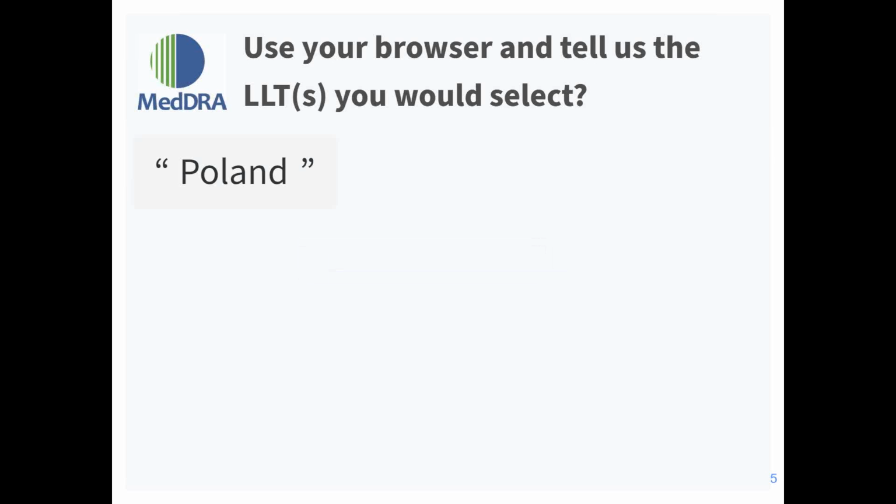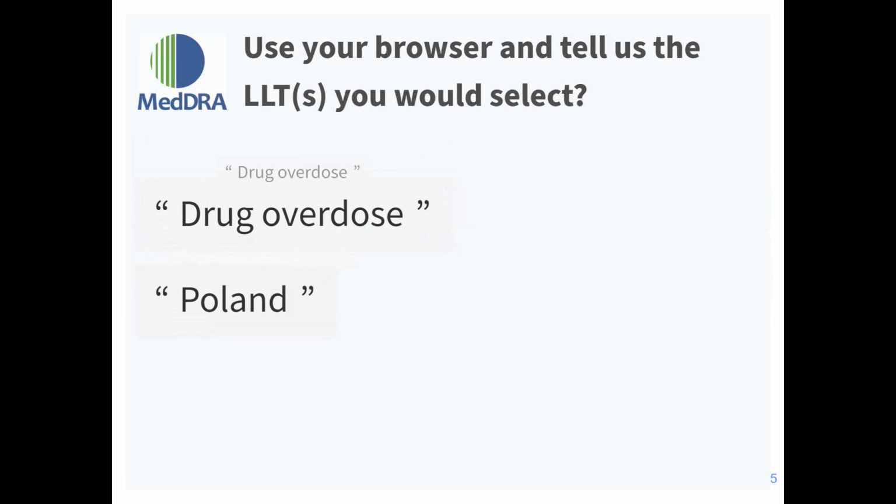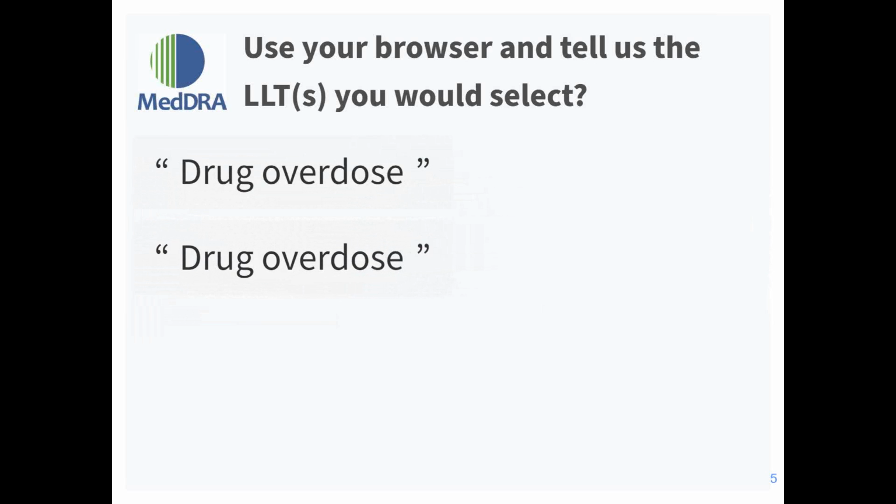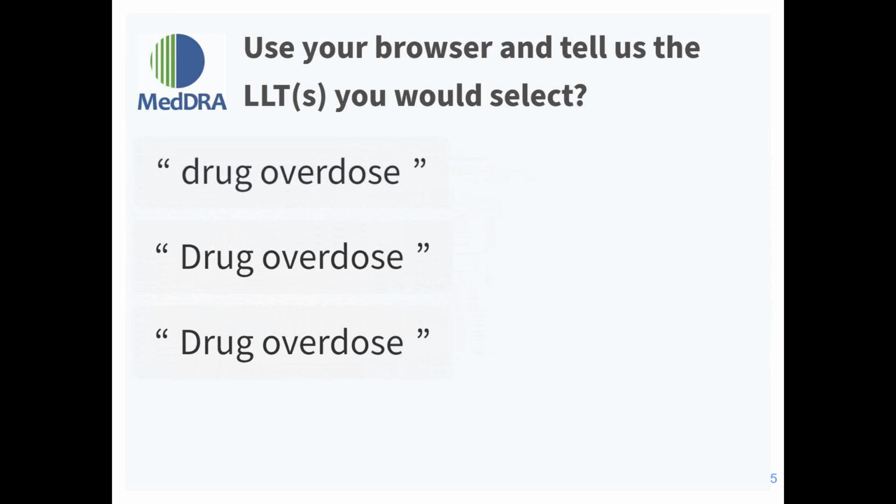So which LLT would you select? So please check in your browser and note down the proposed LLT here. I think here drug overdose would need to be captured. Yeah, but what about the indication? What is it?